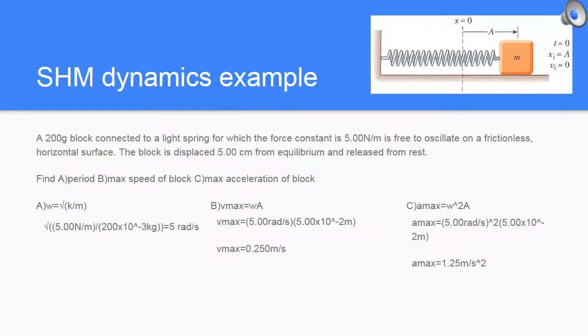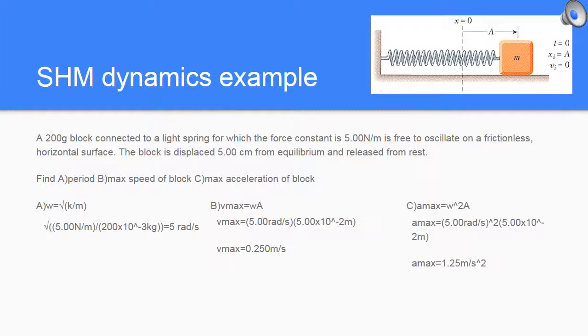And so to solve for the period, we use the equation, the period equals 2 pi over the angular velocity. So we use that the period equals 2 pi over 5 radians per second. And then we solve for period, and the period equals 1.26 seconds. And next we're going to solve for the max speed of the block.